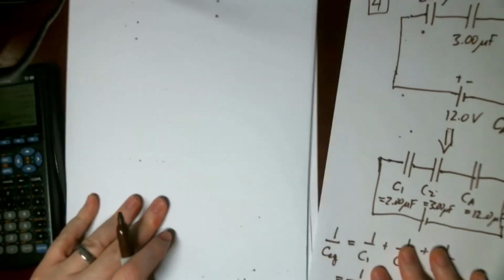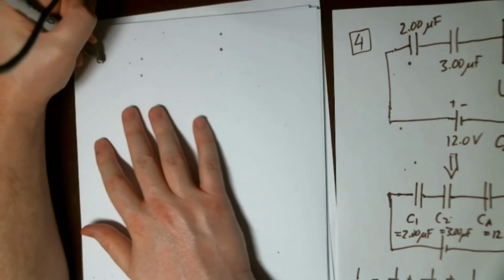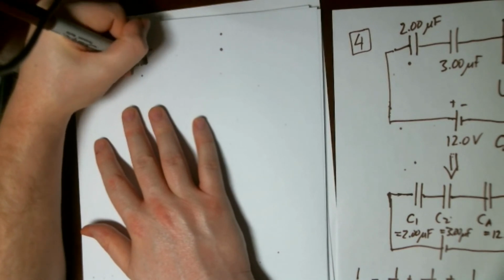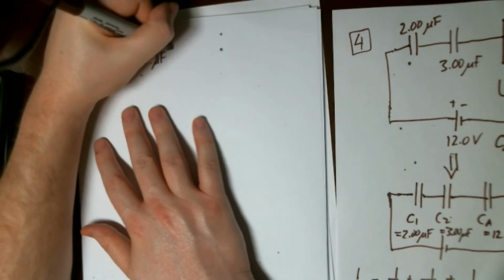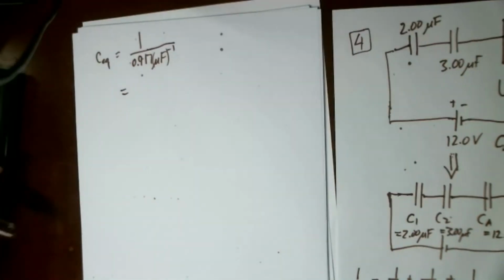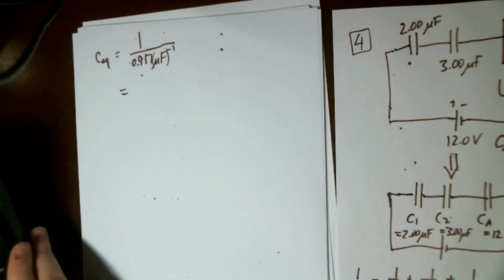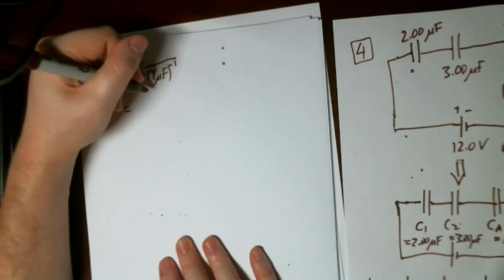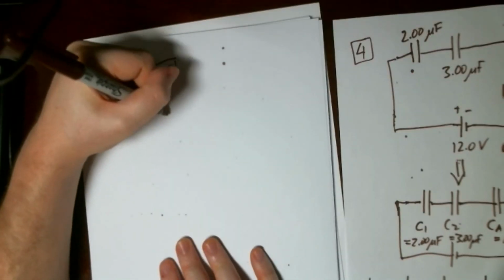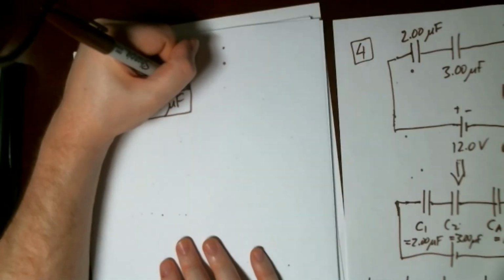I'm going to start a new page. So then Ceq, the equivalent capacitance, is going to be 1 over this 0.917 inverse microfarads. And that's going to give us an equivalent capacitance of this entire circuit of 1.09 microfarads.